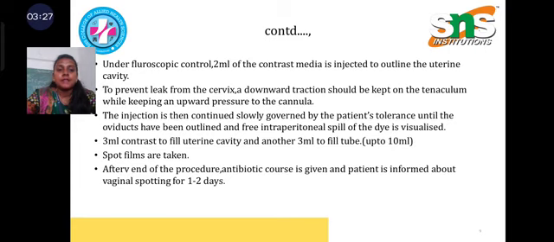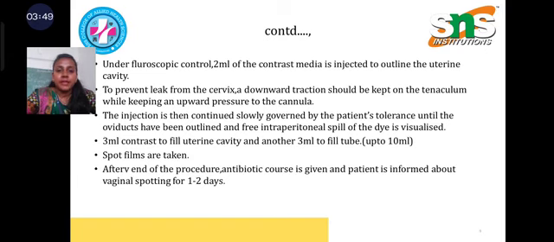The injection is then continued slowly, governed by the patient's tolerance, until the oviducts have been outlined and free intraperitoneal spill of the dye is visualized. 3 ml contrast fills the uterine cavity and another 3 ml fills the tubes. Up to 10 ml contrast is injected.